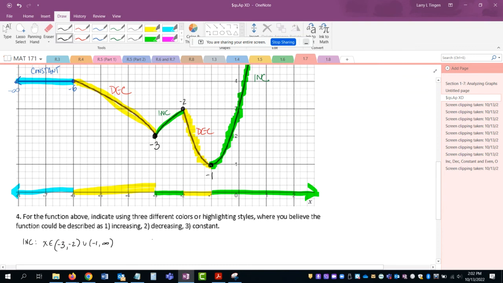So there's the increasing. Am I decreasing? I'm decreasing from x is -6 to x is -3, and then I'm decreasing again from -2 to -1. And where am I constant? That starts all the way out at -infinity and goes until I get to -6. Okay.